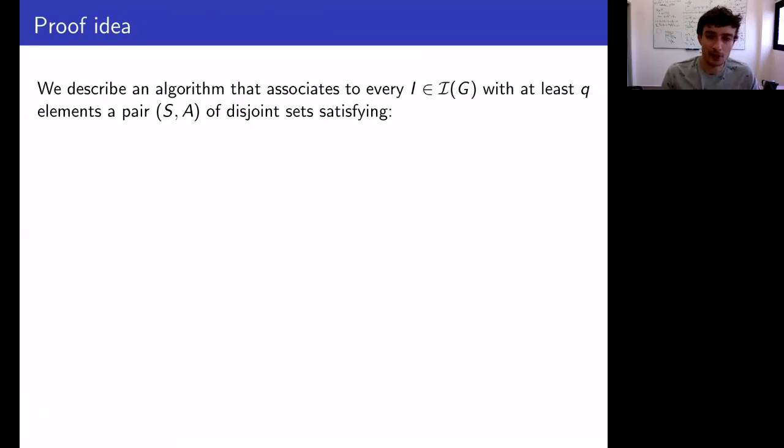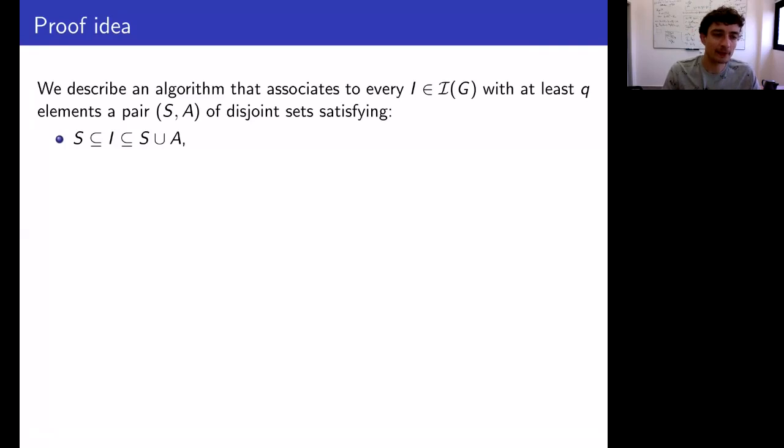The proof will be algorithmic, and you should think of obtaining an upper bound on the number of independent sets as a problem of efficiently encoding independent sets. So the idea of the proof is to describe an algorithm that as an input will get an independent set of the graph, here denoted by I, which has at least q elements, and it will produce a pair of sets, S and A, which are disjoint sets of vertices in G, with the following properties.